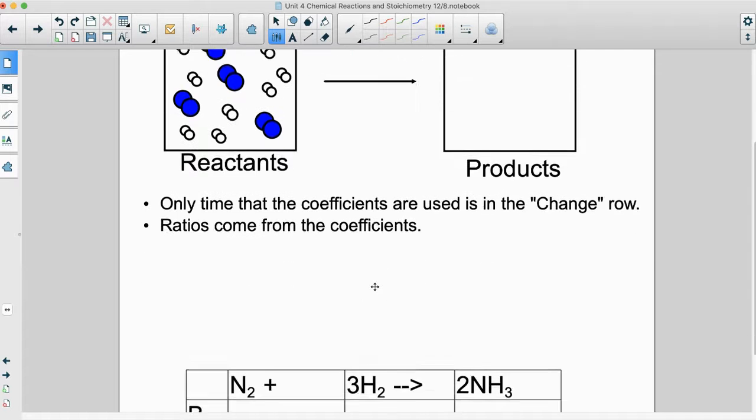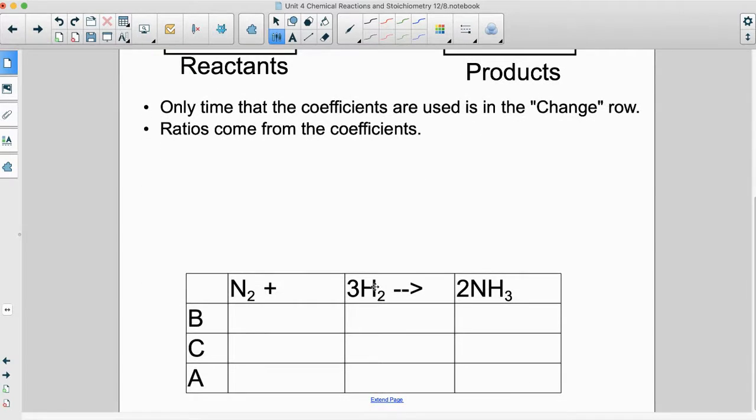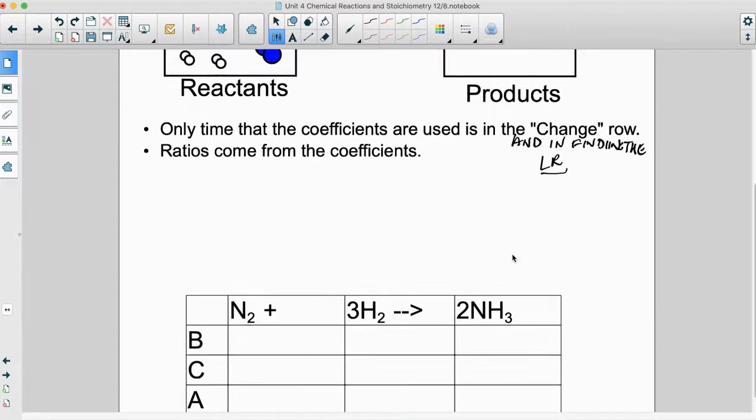In the BCA table, right here, the only time we use these coefficients is in the change row. And also, let me add this in, in finding the limiting reagent, which I'll abbreviate as the LR. And the ratios, again, come from the coefficients in the balanced reaction.